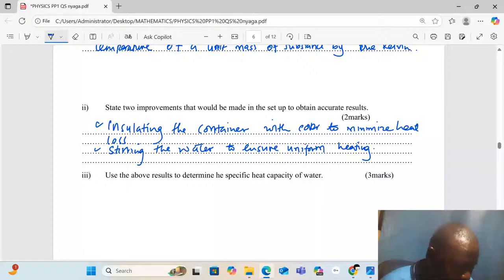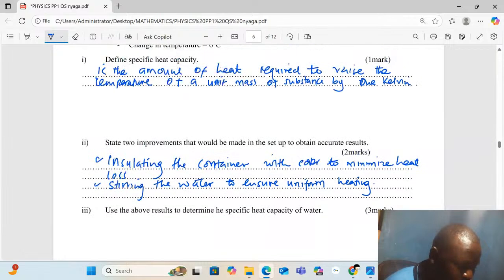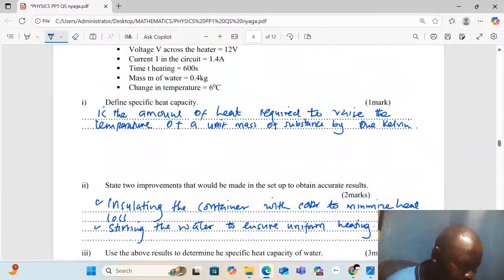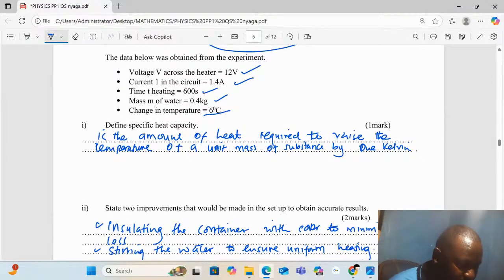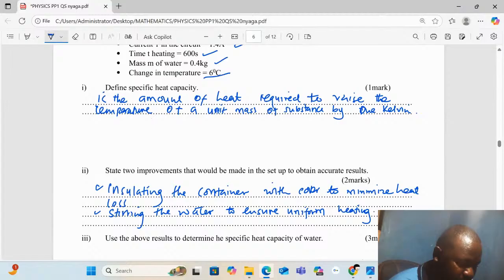Now we are asked, use the above results to determine the specific heat capacity. We are having a voltage of 12 volts, a current of 1.4 amperes, a total time of 600 seconds, a mass of water of 0.4, and a change in temperature of 6 degrees Celsius.